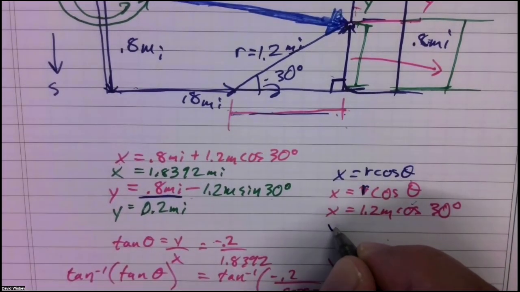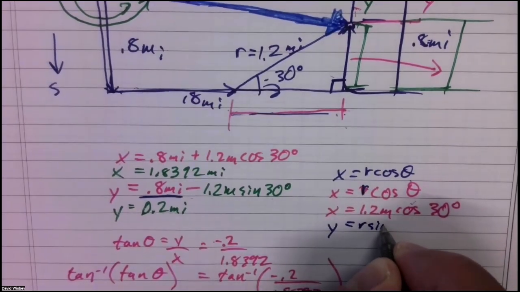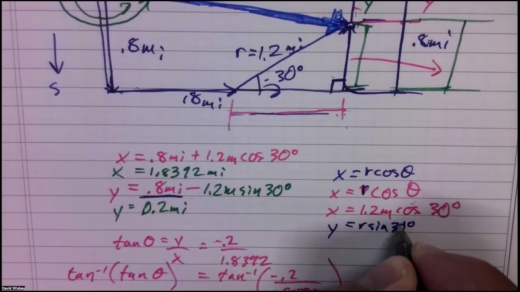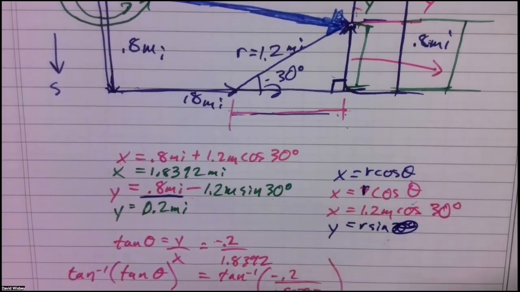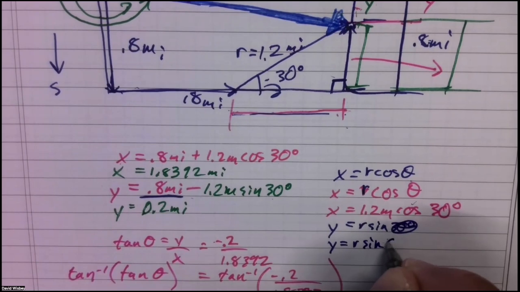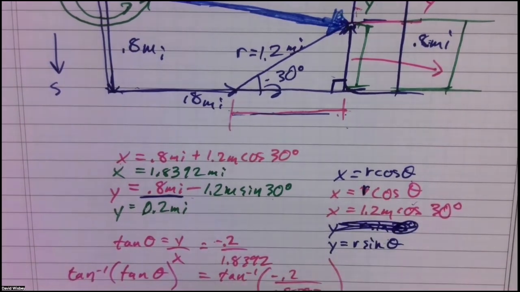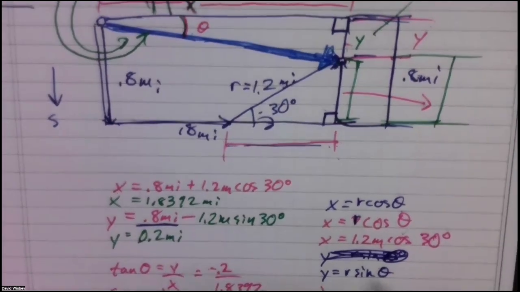So here, I'll write down y. The equation is y equals R times sine of theta. Don't put in the numbers yet. You always should write down the equation symbolically first.